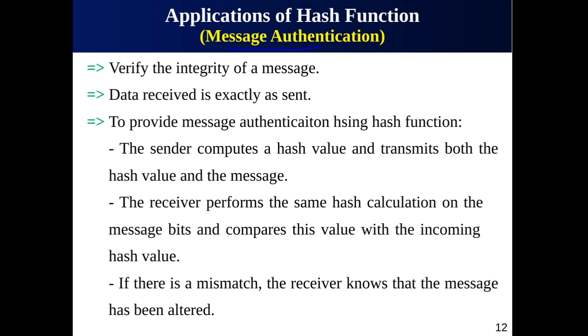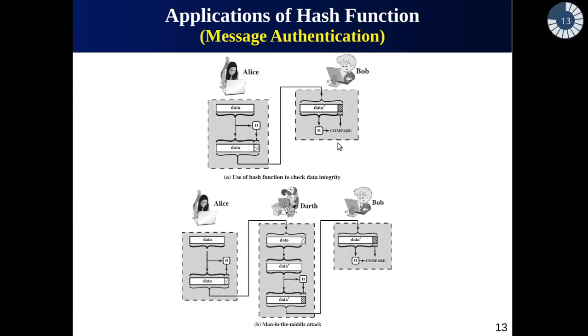How can we achieve message authentication by using a hash function? Let us see things in a diagrammatical way. The sender, in this case Alice, and the receiver, in this case Bob. Alice wants to send a message to Bob. So the sender will first compute a hash value as a function of the bits in the data.